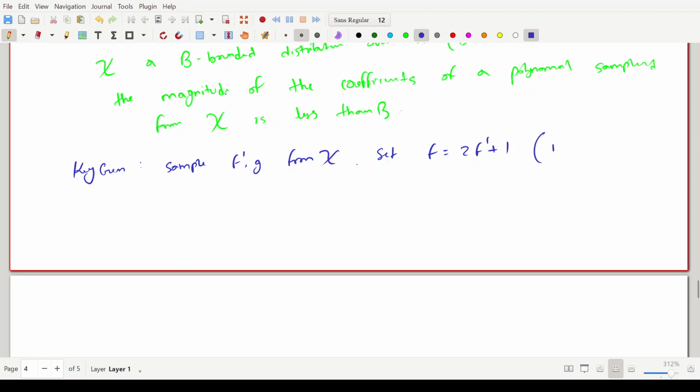Just note that f modulo 2 is 1. And you have to find an f such that it is invertible, correct?